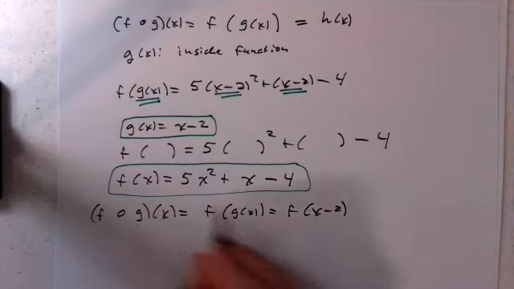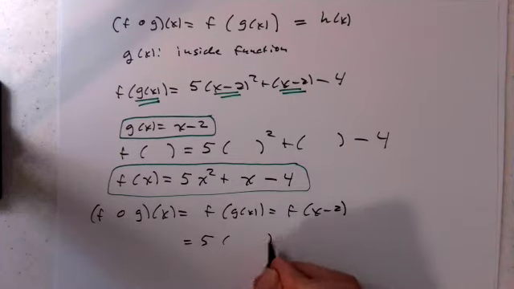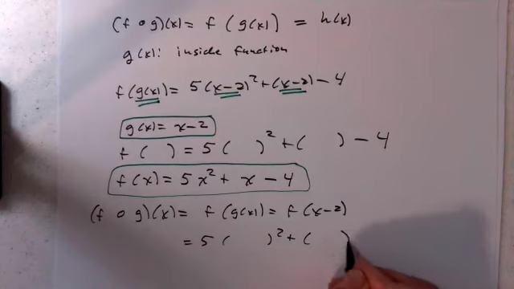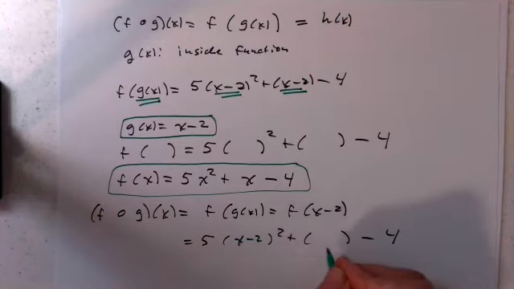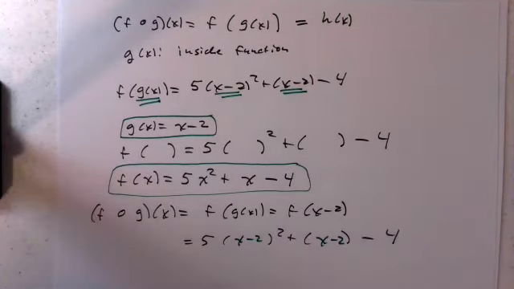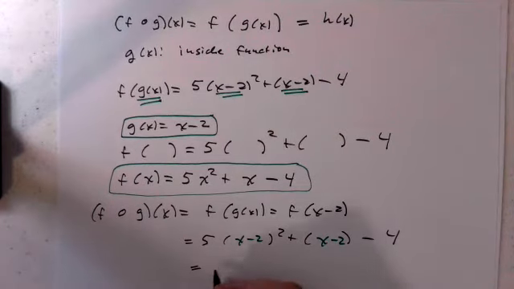What does f do? 5 times something squared plus something minus 4. But it's f of x minus 2, so replace the somethings with x minus 2. And you'll see that indeed that's the h of x that we wanted. So this is our h of x, and that checks.